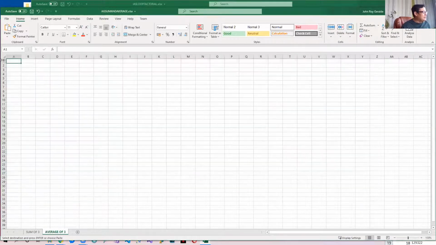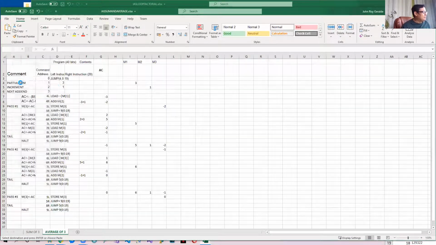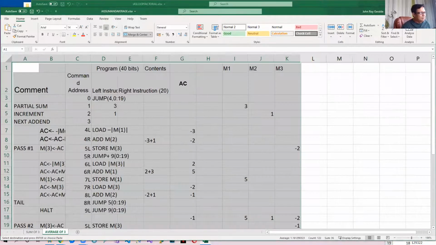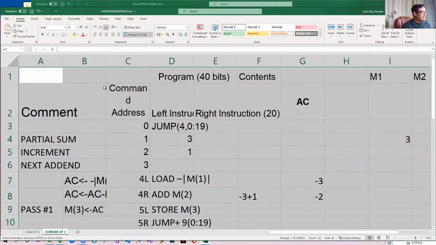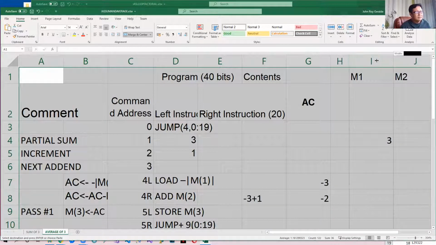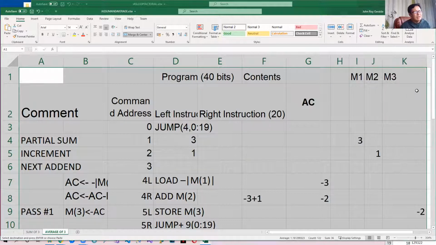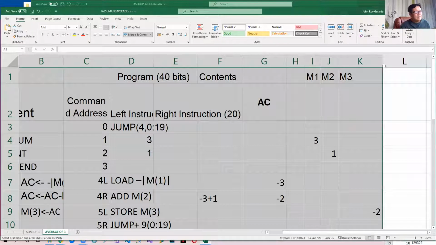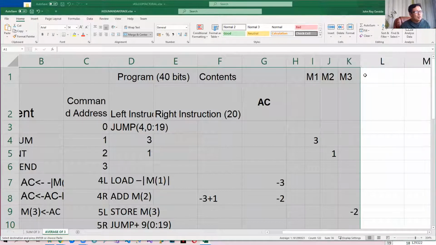What's the difference here? Can you see that already? So you just have to adjust the lines, okay? I-adjust lang natin yung lines, okay? Because we will have an M4.